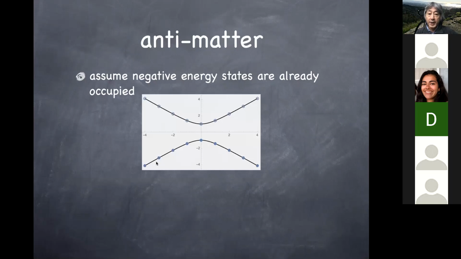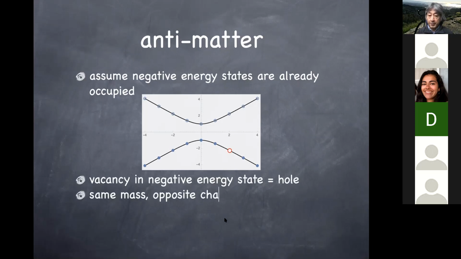So now that we assume that all the negative energy states are already occupied, we can talk about a hole. So if one of the negative energy states is not occupied, this appears as a hole, as we talked about with the Fermi degenerate system in condensed matter systems like metal. And we learned that a hole would actually give you a particle of the same mass, but opposite charge.